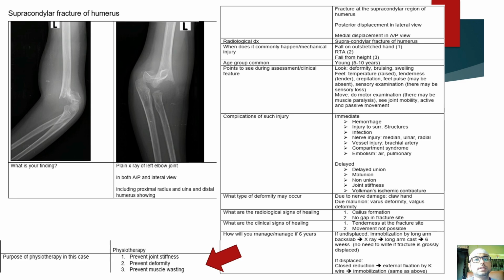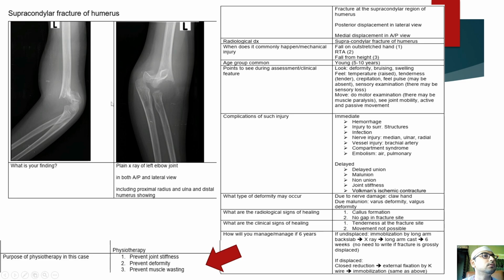Now this is an orthopedic X-ray, very common, that is supracondylar fracture. You can see part of the humerus, part of the radius and ulna, and the elbow joint. The lower part of the humerus is fractured and displaced.